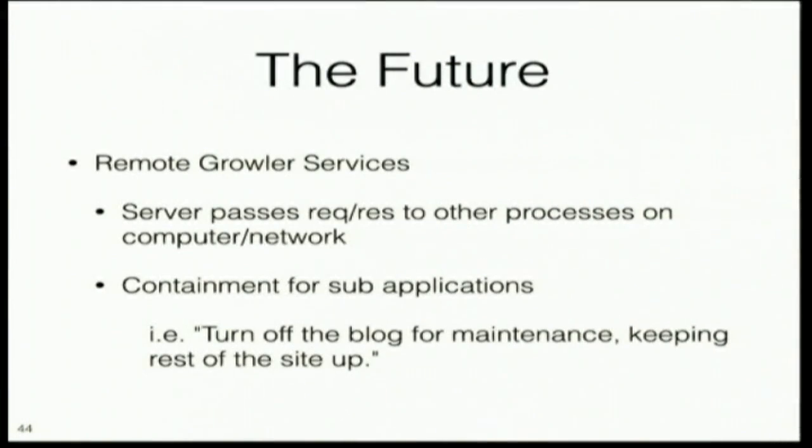But I have one more slide here, the future. Kind of like the big picture, what I'd really want to do is have a remote service. I said how we can turn a class or an object into this mini application. What if that was on a different process altogether? So you had the core server, you had a blog server running over there, and you have, I don't know, PhotoStream running somewhere else.